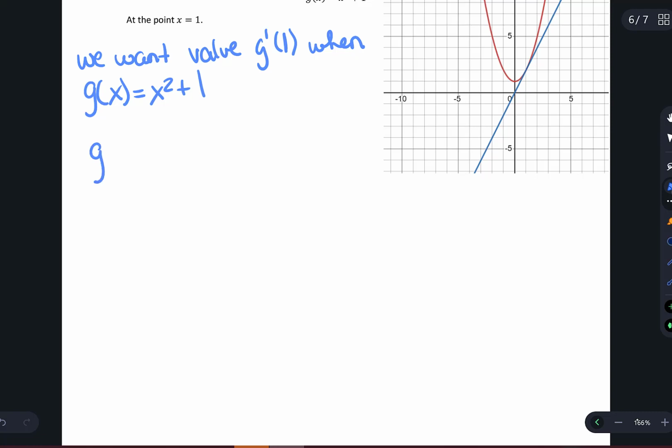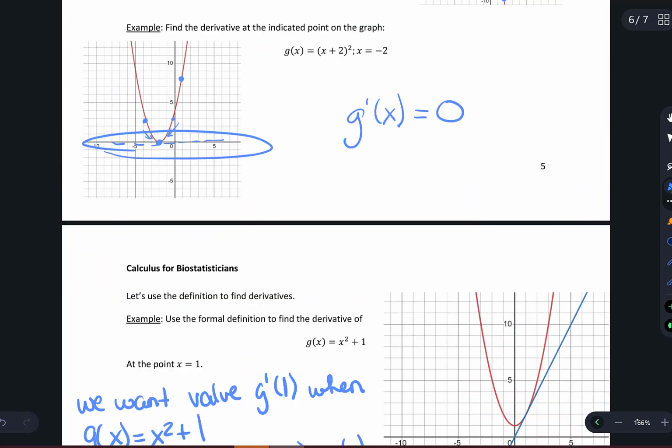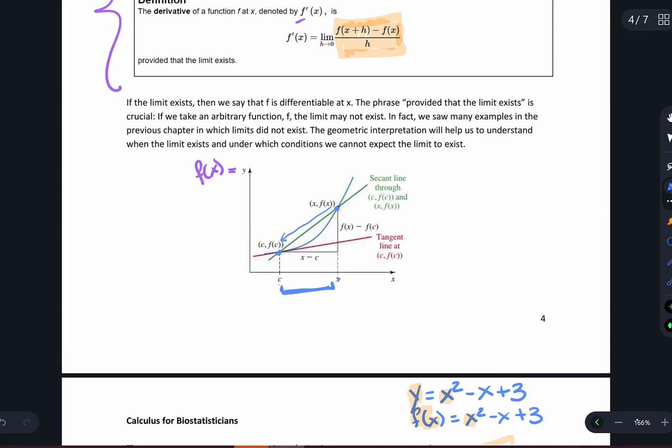Now we know by the definition that g prime at 1 is equal to the limit as h approaches 0 of g of 1 plus h minus g of 1, divided by h. Notice this is coming directly from that definition of a derivative.